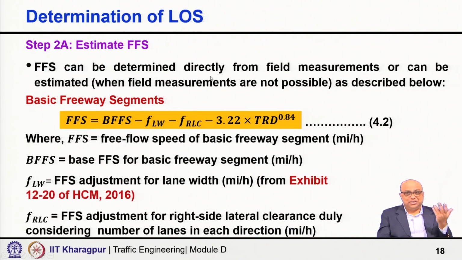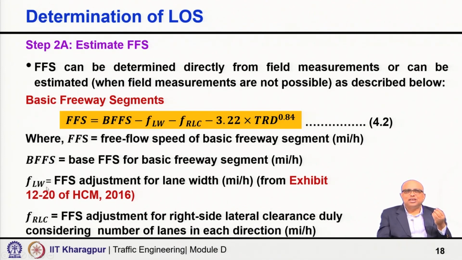FFS can be determined, as I said earlier, directly from the field measurement or can be estimated when field measurements are not possible. So, if we are not able to do the field measurements, then we can use this equation as given here, 4.2. For basic freeway segment, we can get the base free flow speed for basic freeway segment and then apply necessary correction as required, based on FLW.